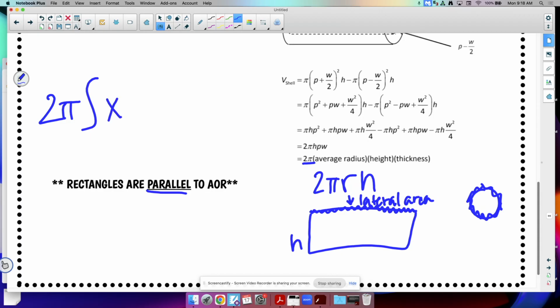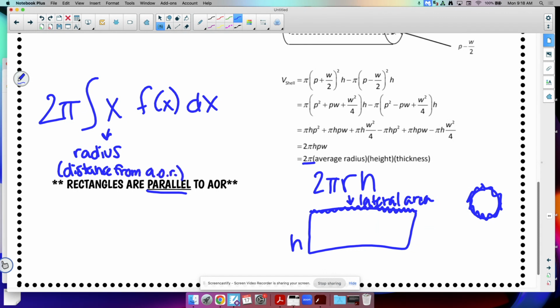It's x, f of x, dx. X is your radius, aka the distance from your axis of rotation. F of x is your height, which will probably be your big minus little.